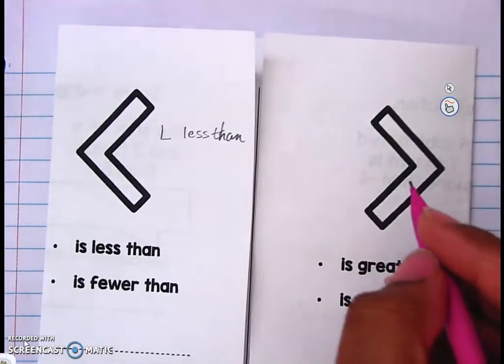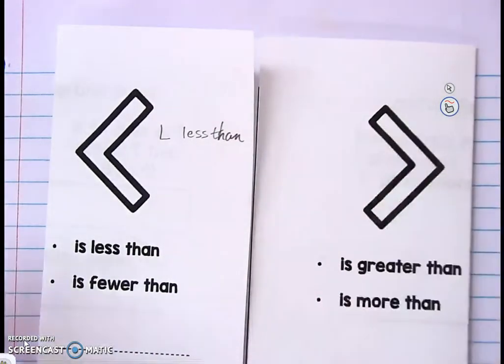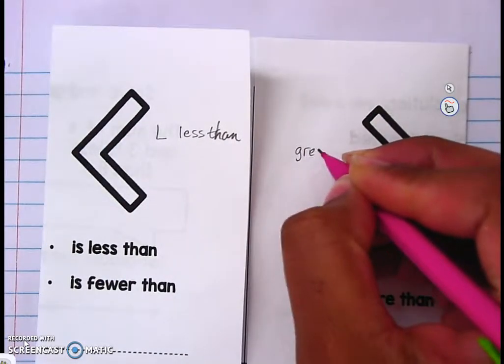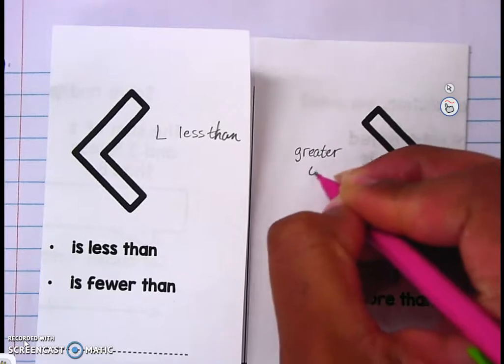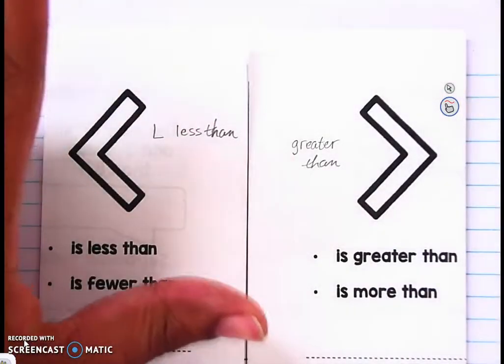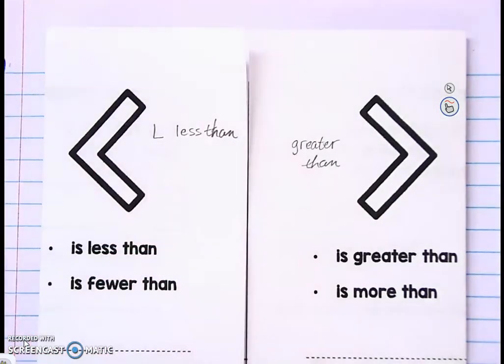The other sign would have to be greater than, because it's only less than or greater than. So this would have to be the greater than sign. Again, if you can make an L with it, then that means it's less than.